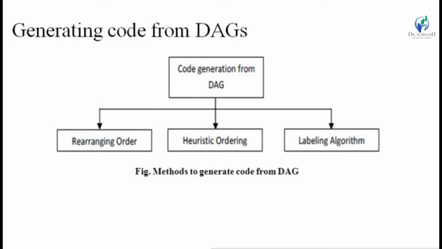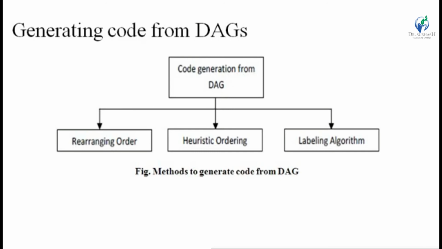So in code generation, I discussed the role of the code generator, issues in the design of the code generator. These types of questions are asked in your GTU exam.